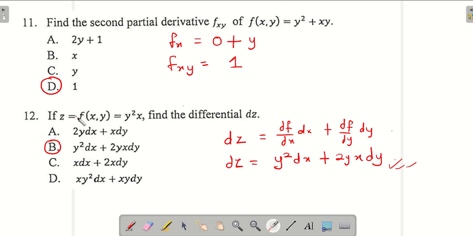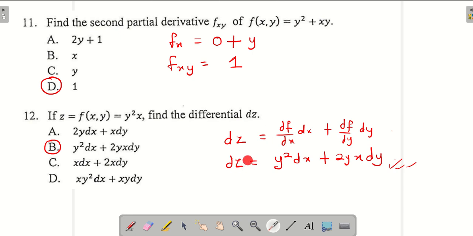If z is equal to f(x, y) equal to y squared x, we should find the differential dz. Now dz is given as the partial derivative of f with respect to x, multiplying it by dx, plus the partial derivative of f with respect to y, multiplying it by dy.